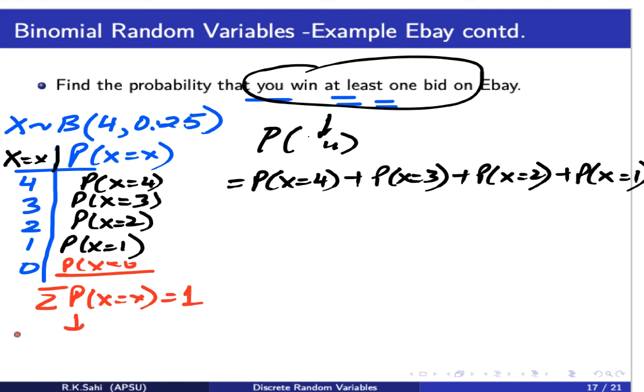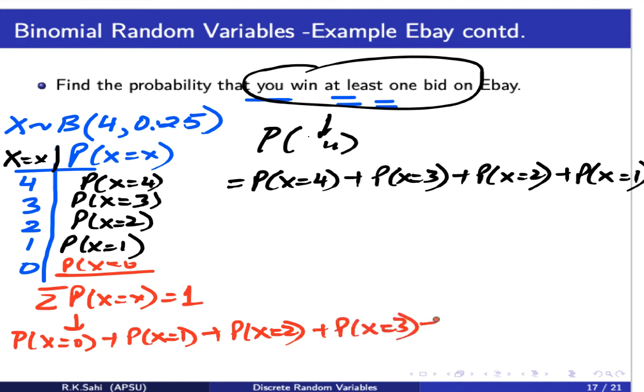What does that mean? This means probability X is 0 plus probability X is 1 plus probability X is 2 plus probability X is 3 plus probability X is 4 is 1. That's the definition of a probability distribution.